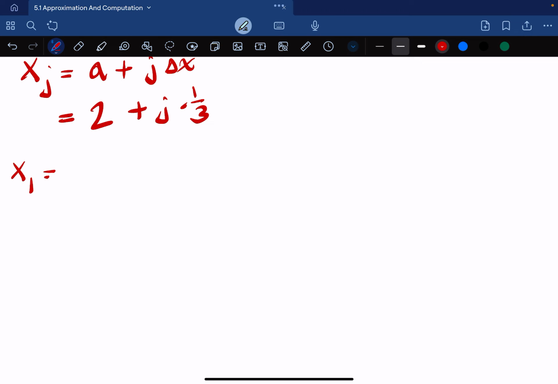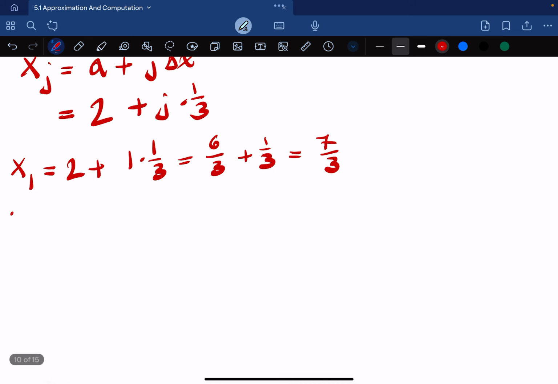So x of 1, 2 plus 1 times 1 over 3. That just turns into 6 over 3 plus 1 over 3, so 7 over 3. That is our first x-coordinate.